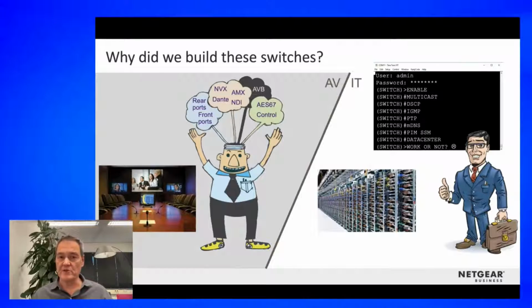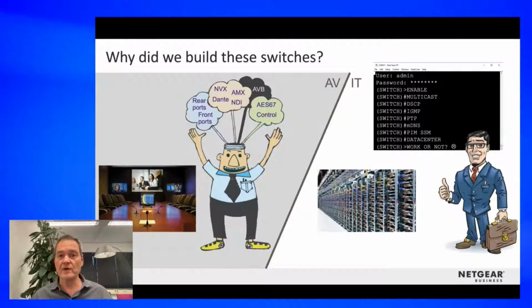So we've built products for AV over IP deployments using IT knowledge in the back, but applying learnings from the AV world, so that AV people can use these switches and deploy them without having to understand all the IT speak, just by using AV technology learnings.